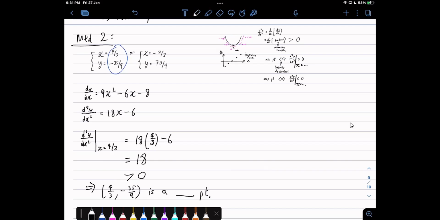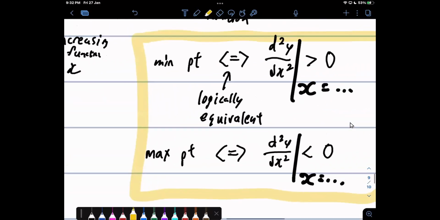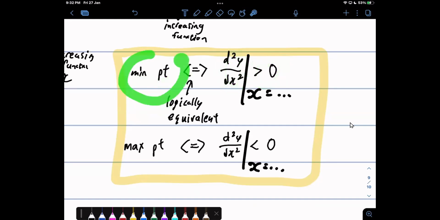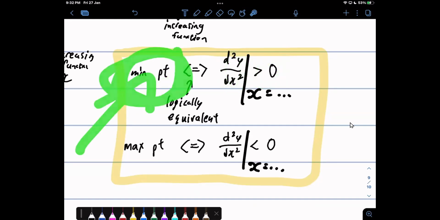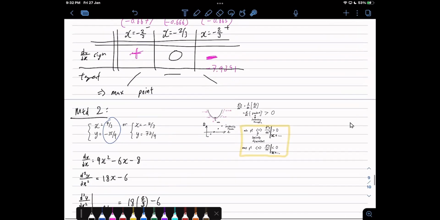No. It's the gradient function is an increasing function, which implies that this is a what point? More than 0. No, the conclusion is here. d2y by dx squared is more than 0 means it's a what point? Minimum point, exactly. More than 0 means minimum point. That's it.